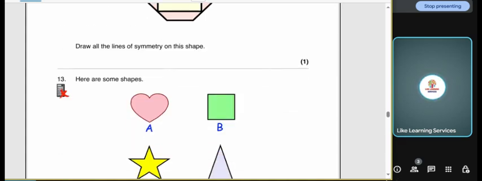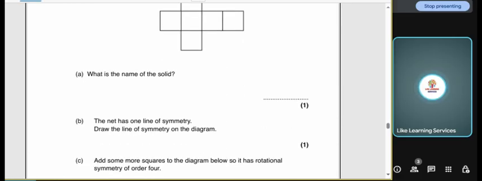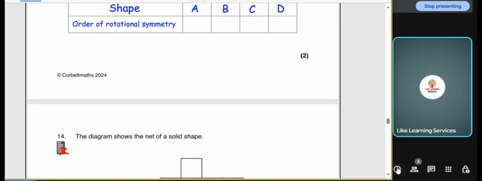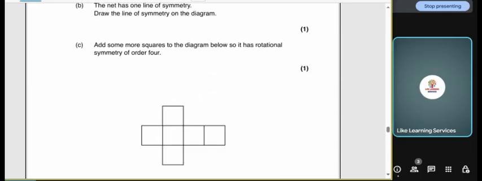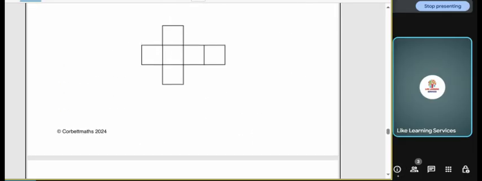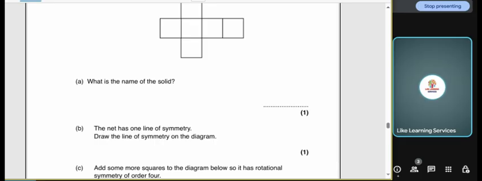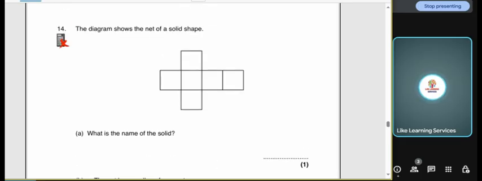Let's see some other ones. Let me see any other one on the grid line. What's this one talking about? The diagram shows a net of a solid shape.